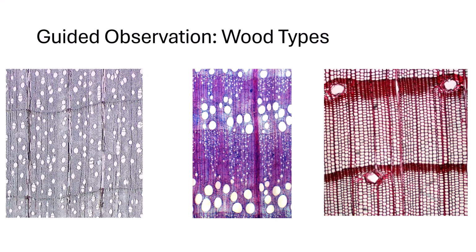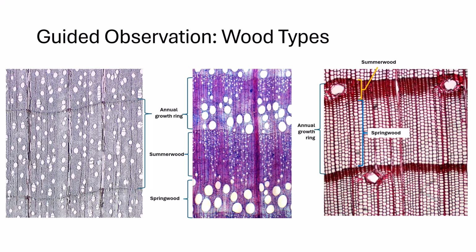Before you try to decide what kind of wood you're looking at, let's walk through what structures you should always look for first. Start by looking for annual growth rings. These usually appear as concentric bands or repeating patterns that circle the stem cross-section. Each ring represents 1 year of growth. Within each growth ring, try to find the spring wood and summer wood.